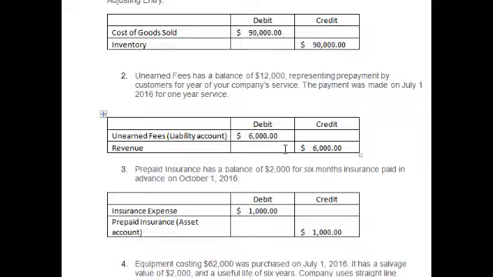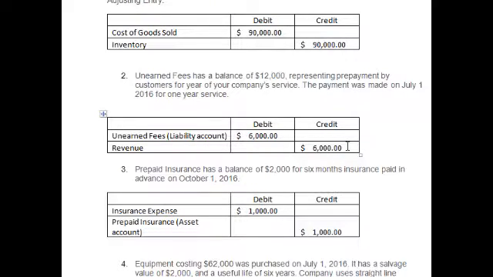So it is time to recognize revenue for 6 months and at the same time reduce the liability account, which is unearned fees, by 6,000 as well. When revenue goes up, it goes on credit, right? The normal side for revenue is the credit side. And unearned fees, a liability account, is normal on the right hand side, which is the credit side.